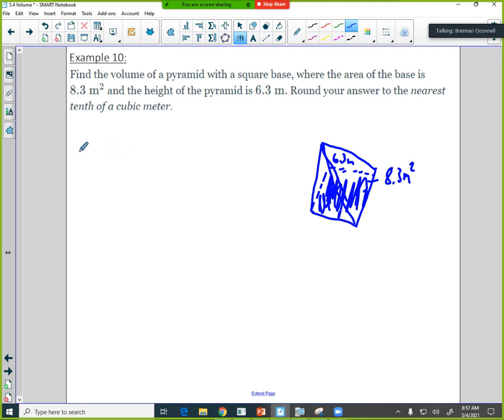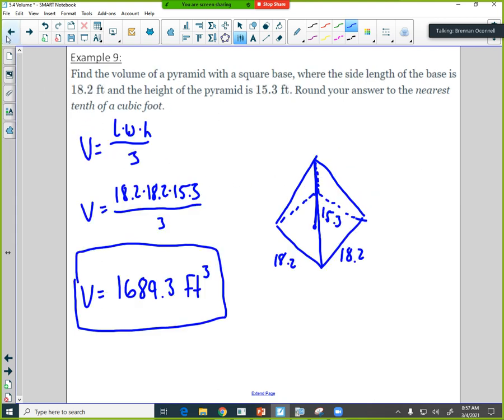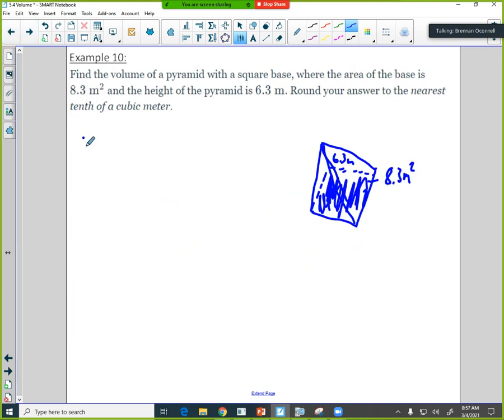So remember we had that other formula where we had the base times the height divided by 3, where the base was also the area, right? Because if we have this area, that is really the length times width. So the base is length times width. We've just replaced it.